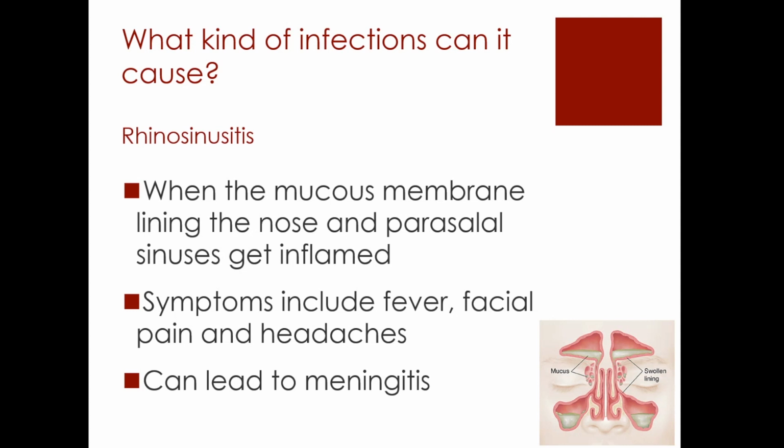And because the walls of the parasinuses are very thin, strep pneumonia can essentially get across this thin lining and get into the cranial cavity, and this is one of the ways in which it can cause meningitis.